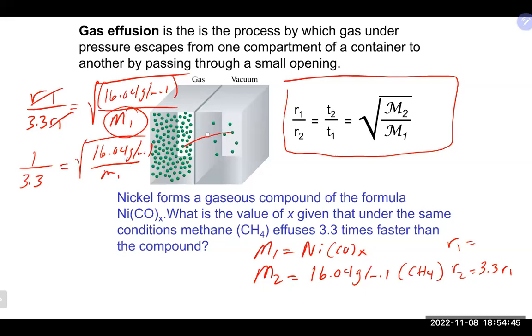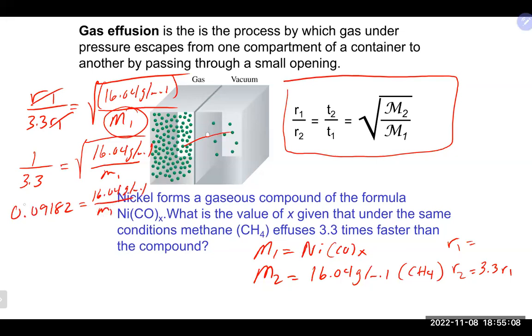To get rid of the square root on the right, we are going to square both sides. So we take 1 divided by 3.3, and then we square it. That gives us 0.09182 equals 16.04 over M1.